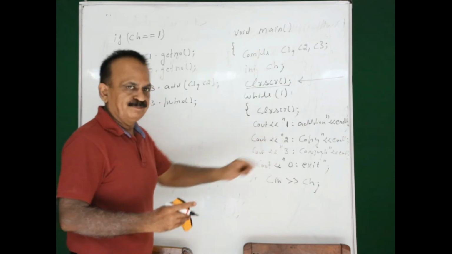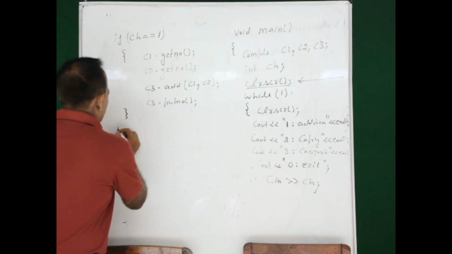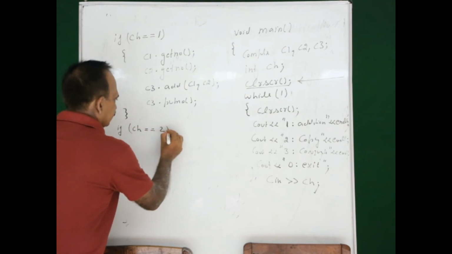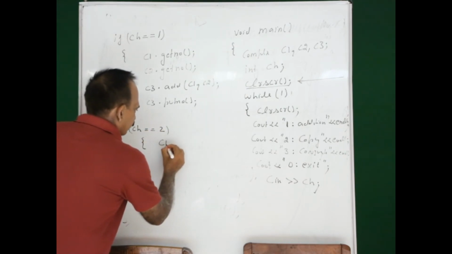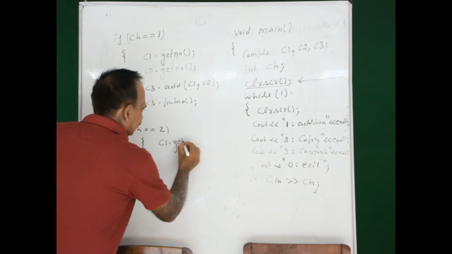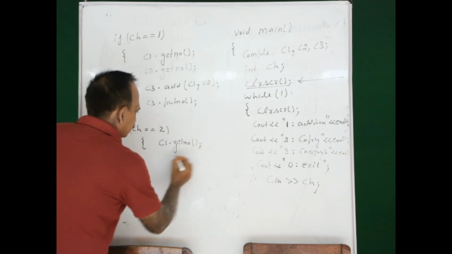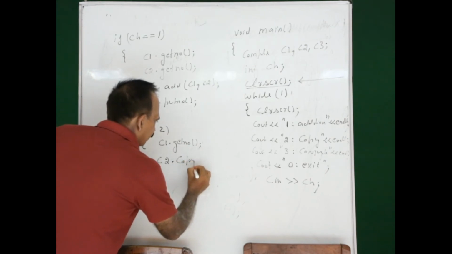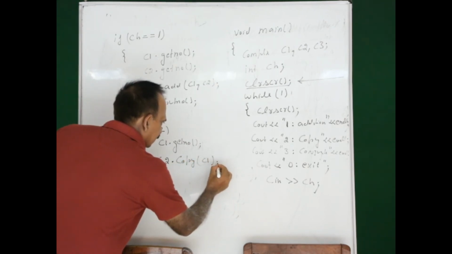The next one, copy. I say if choice is equal to 2, it is input of the number, C1.getnumber. The next one is copy this number to another one, C2.copy.